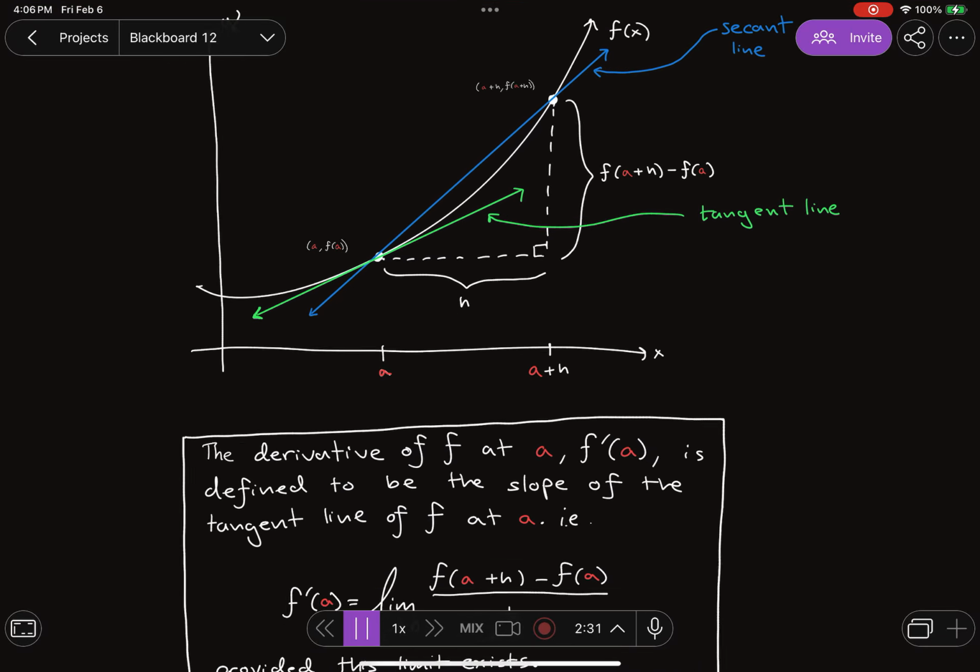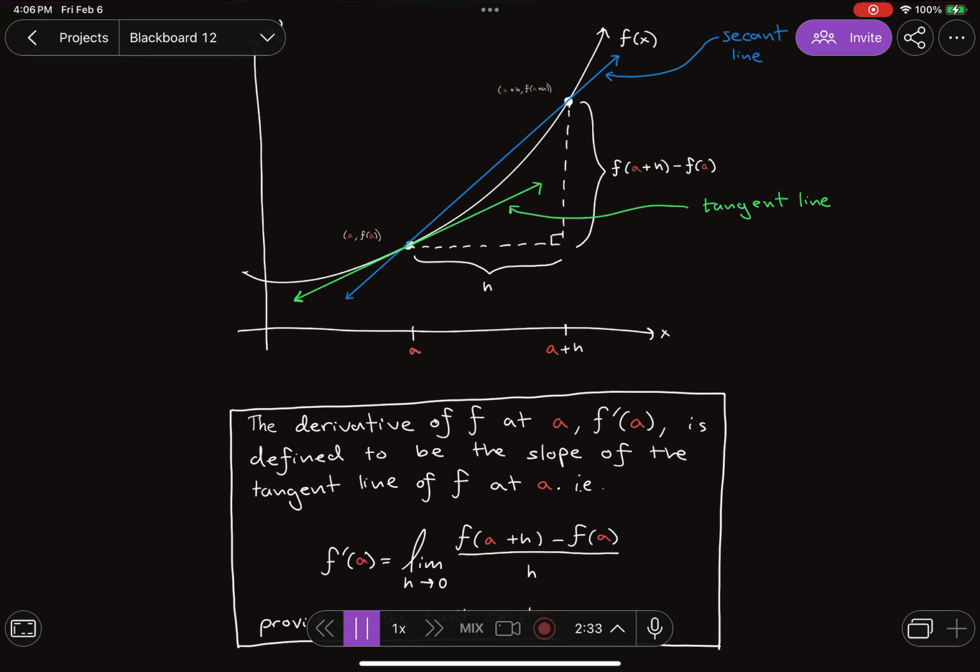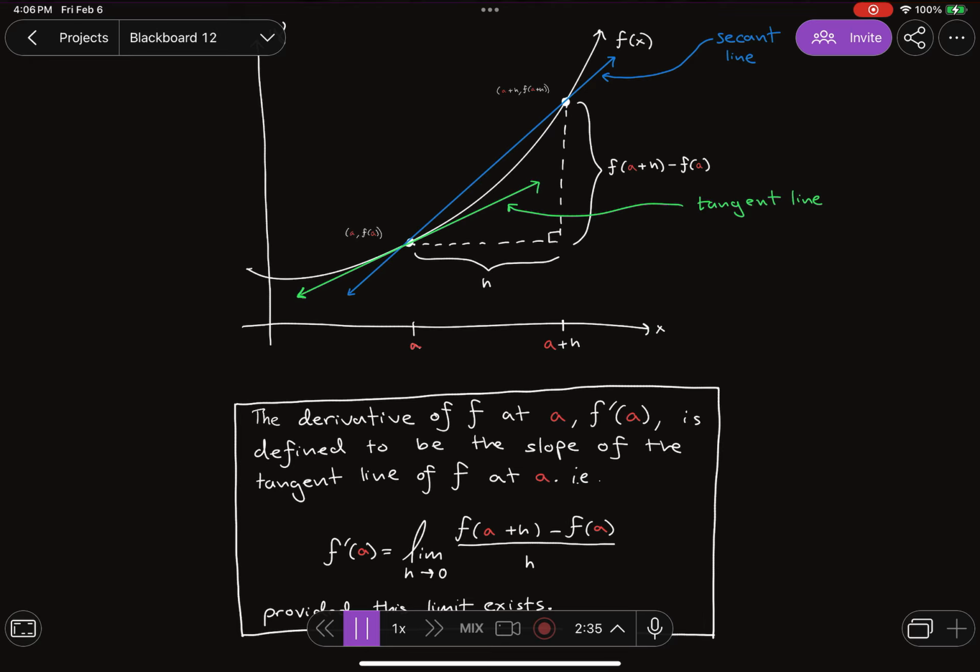This is what we developed in class, so nothing new. We say that the derivative of f at a, f prime of a, is going to be the slope of this green line right here. And how do we find that slope? We have the slope of the secant line right here, this slope right here.